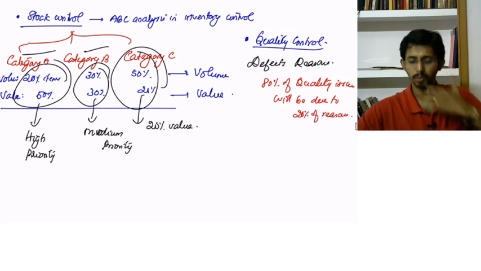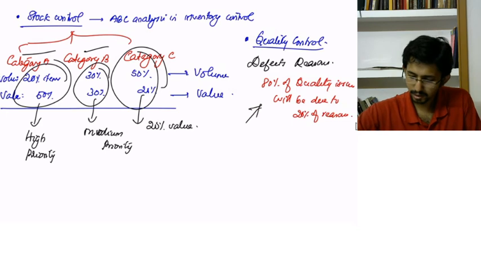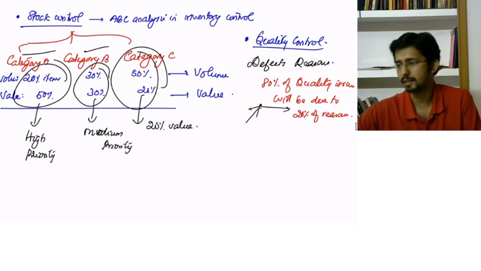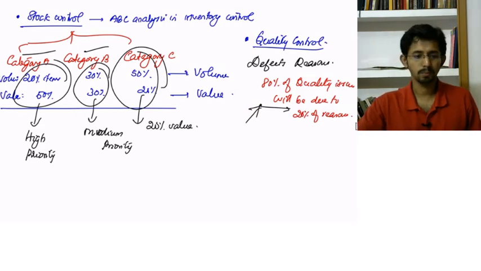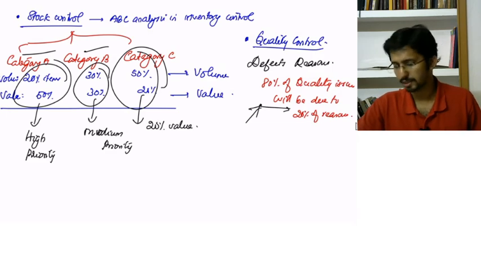So what you can do, you focus on this 20% of the reasons and improve that. What will happen? 80% of your quality issues will go. We are going to see a problem on that. So that is its application.